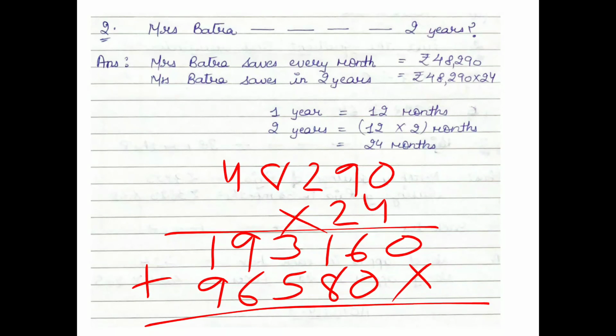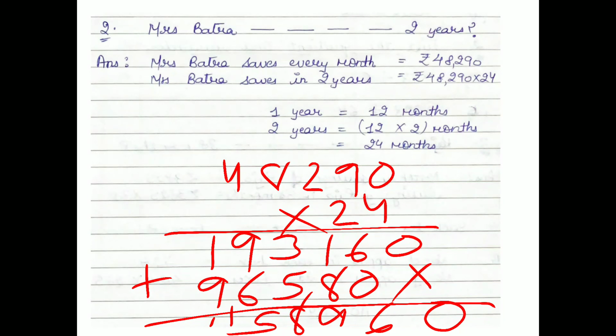Answer will be what? 0 6 9 8 15 11. So answer is 1158960. Clear? So students, we have done activity 2 and activity 3, question number 1 and 2.